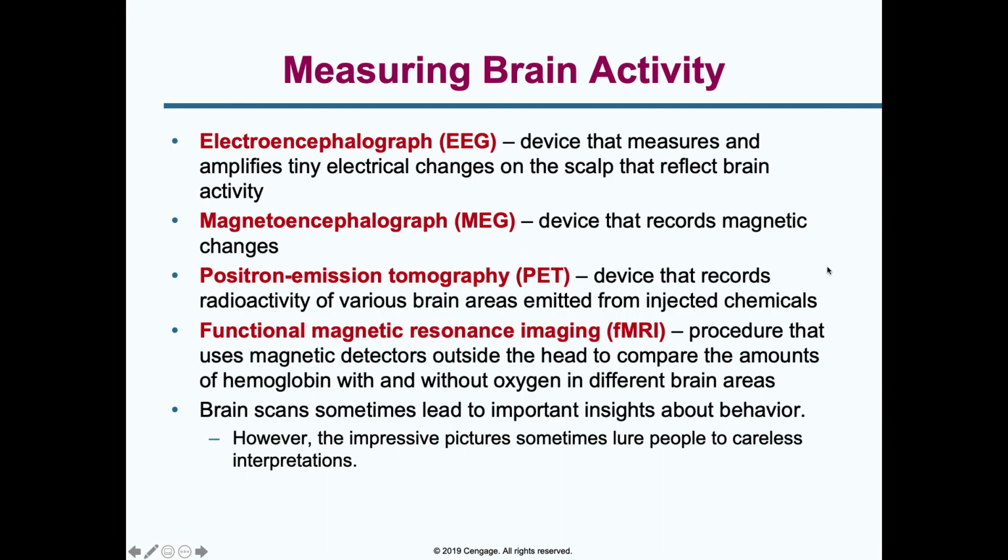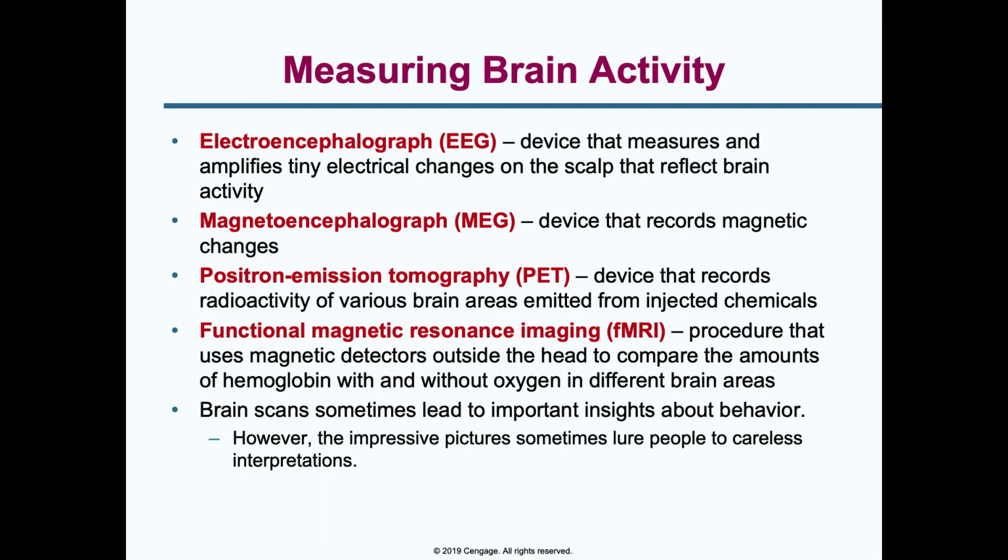If you've ever had or know anyone who's had a brain scan for whatever reason, for trying to analyze brain activity, these are probably the terms you heard. So I don't necessarily want to spend too much time on the details. What I want to focus on is specifically how a scan of someone's brain can give some insight about their behavior. Because remember, we're trying to really connect all of this back to psychology and behavior.